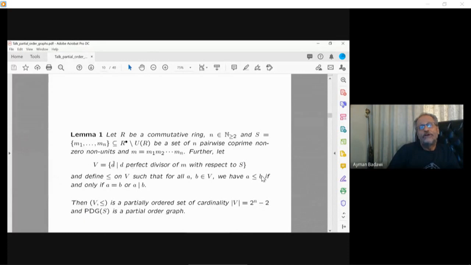So you should have 14 perfect divisors when I have 4 elements here, which I said 3, 5, 7, 11. We should have 14 different perfect divisors. And we define the partial order, as I told you, either A equals B or A is a factor of B. And being these numbers, the ones I selected, definitely they are pairwise co-prime.